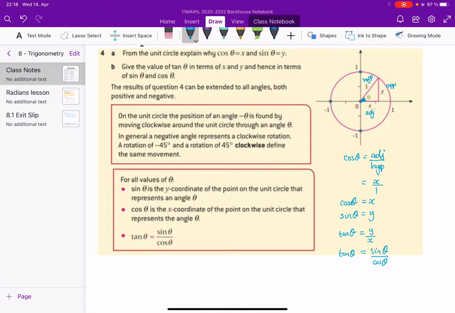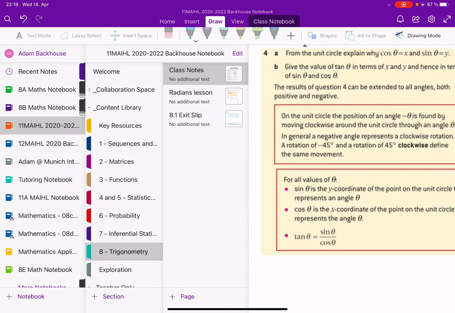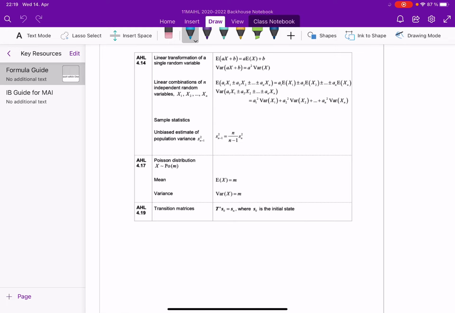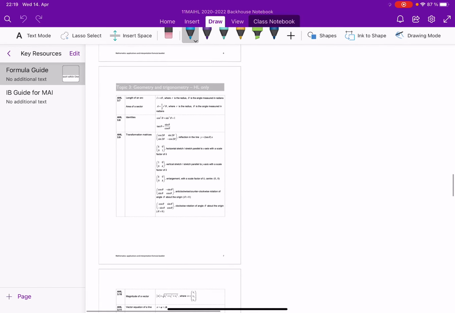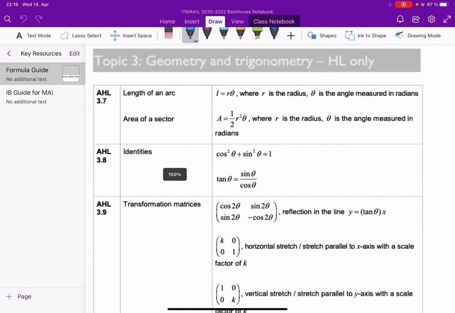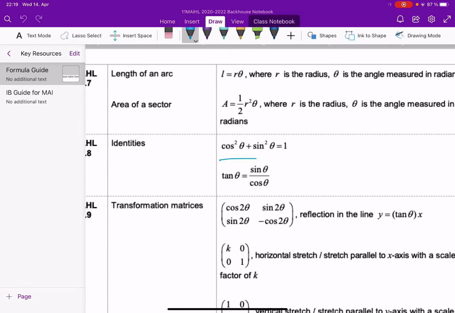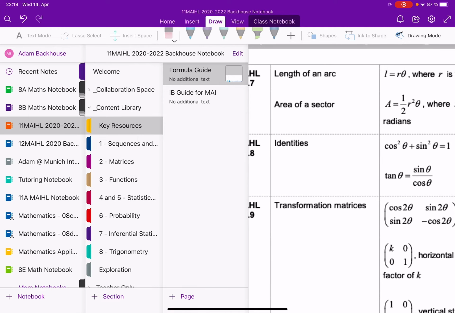And what we've got here is one of our trigonometric identities. This is a fact that is always true. I think it's also in our formula guide. Let's have a really quick look. We're going to go to section 3, identities. There we go. There is our first identity, tan theta equals sine theta over cos theta.